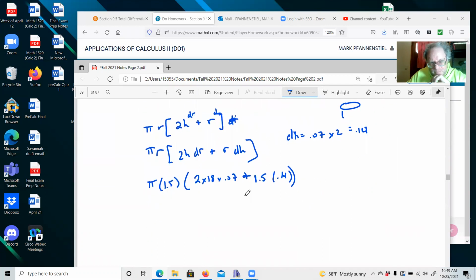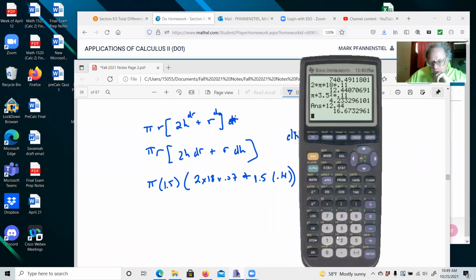Okay, let's see about that. Well, let's just do it the way they did it. 1.5 times pi times, now we have 2 times 18 times 0.07, plus 1.5 times 0.14.